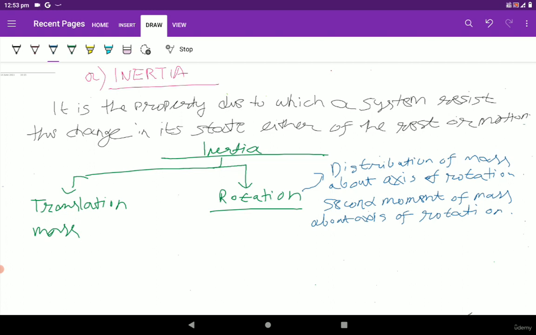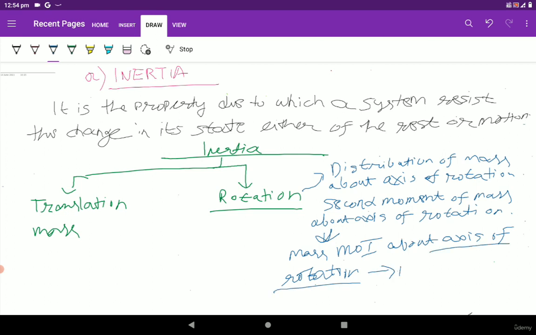So we can also call it mass moment of inertia about axis of rotation. The axis of rotation is called the polar axis. So let's study the second law of motion in this case.